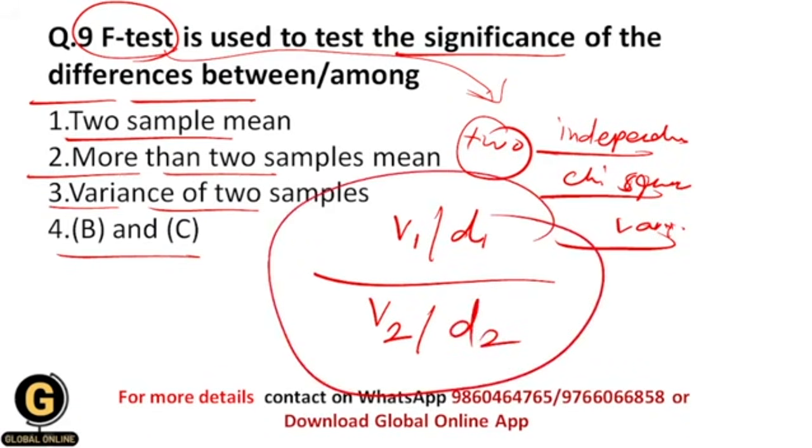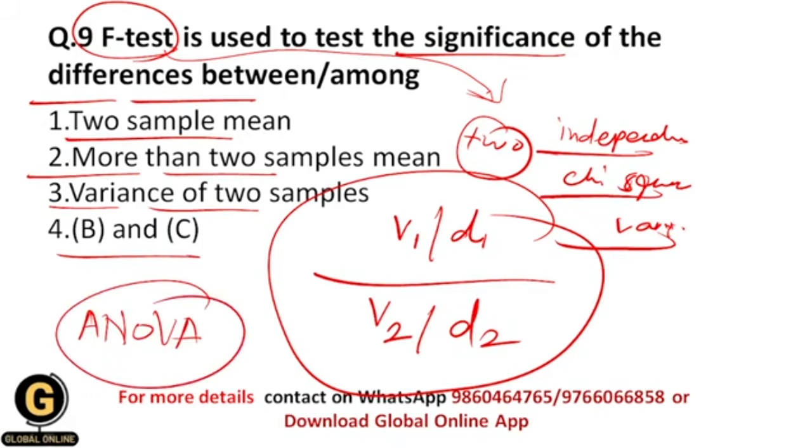This whole ratio is the F statistic, and that's why the F test is used to test the significance of the differences between or among the variance of two samples. The F test is also used in ANOVA, which is a parametric test and an extension of the t test. In ANOVA we can assess the means between more than two groups.